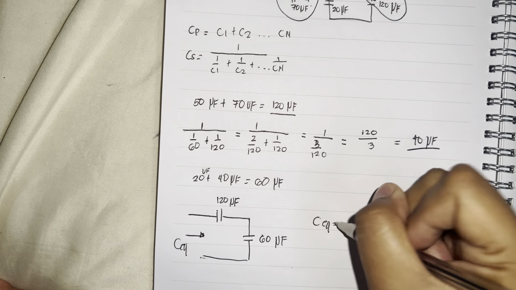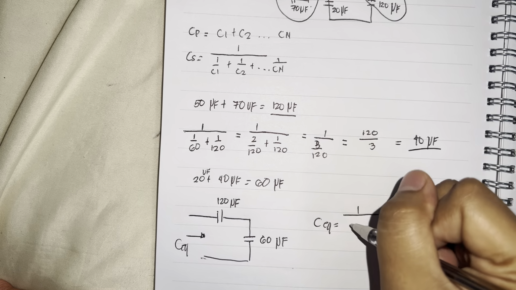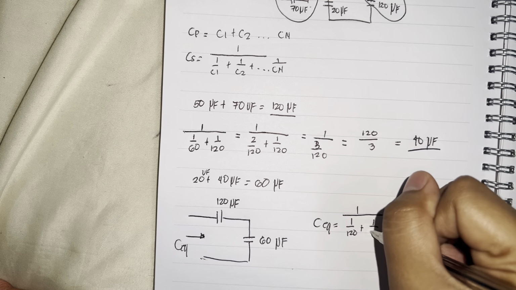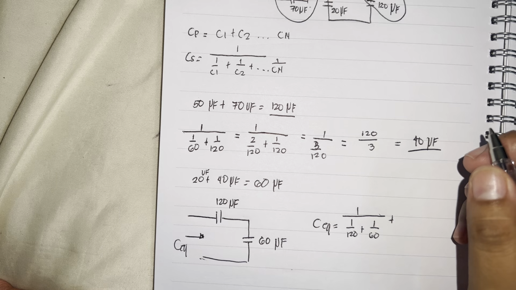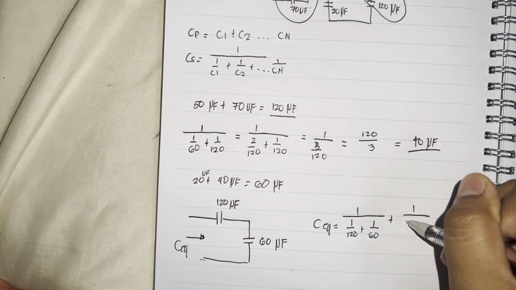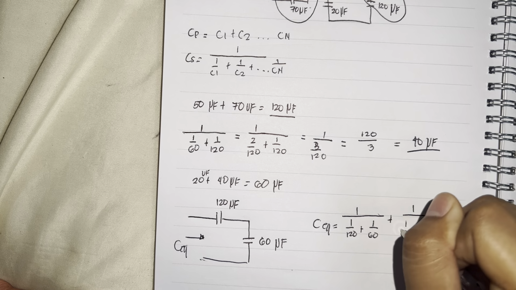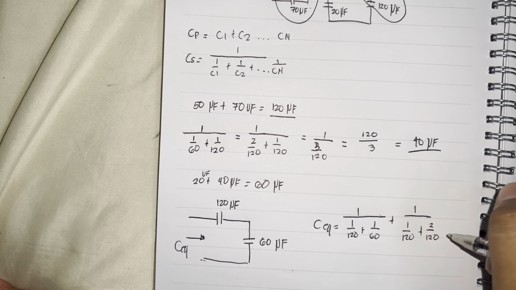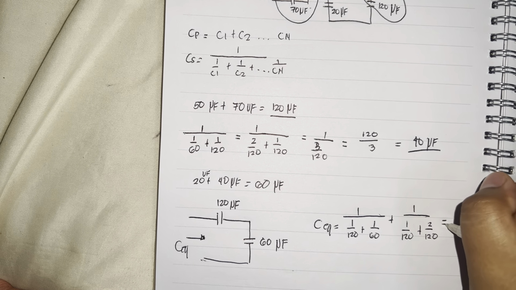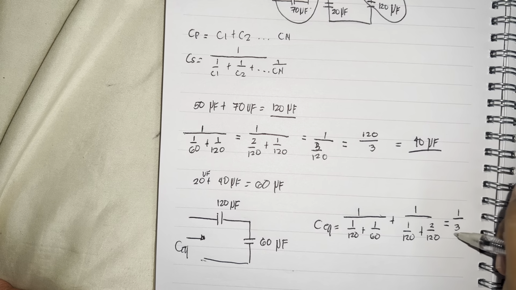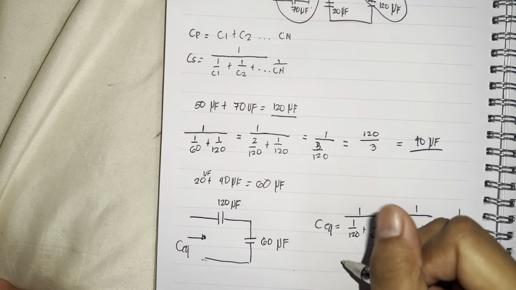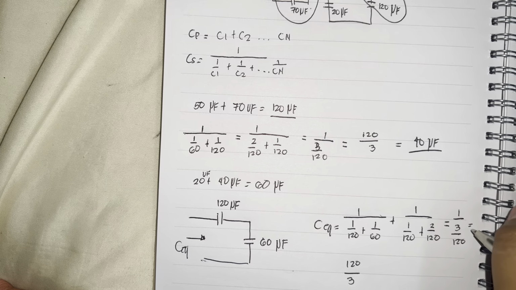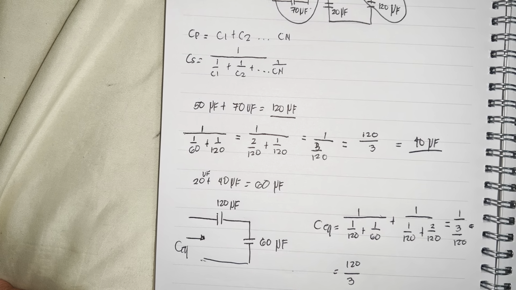C equivalent is equal to 1 over 120 plus 1 over 60, which is 1 divided by 120 plus 2 divided by 120, equal to 1 over 3 over 120, and then 120 divided by 3, we will get the C equivalent.